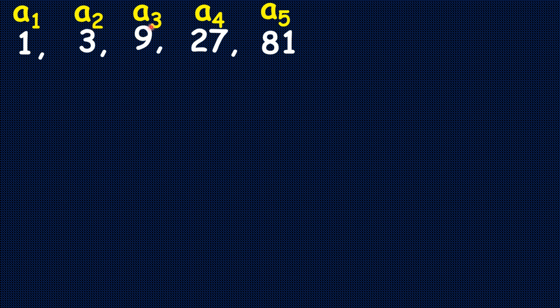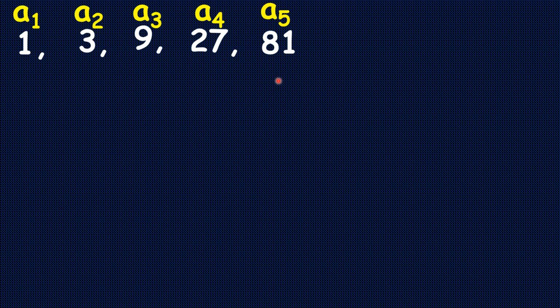Here n is 3, that is the third term, and the third term is 9. Here n is 4, here n is 5, being 81. So first term A1 is 1, second term A2 is 3, third term A3 is 9, fourth term A4 is 27, and then fifth term A5 is 81.